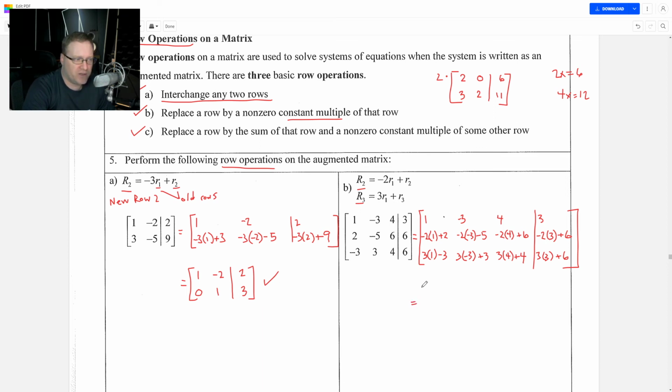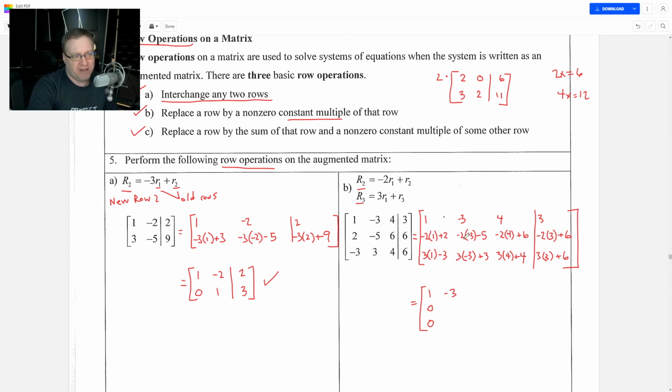All right, and what is this going to look like? Well, it's going to be 1, then -2 times 1 plus 2 is 0. Then 3 times 1 minus 3 is 3 minus 3, which is 0. All right, then we have -3.